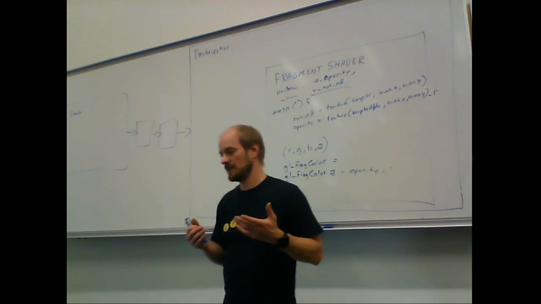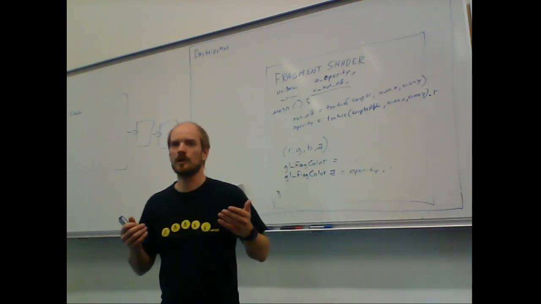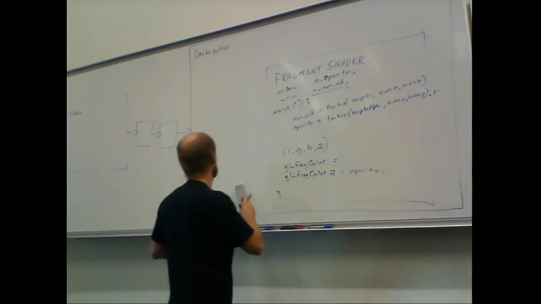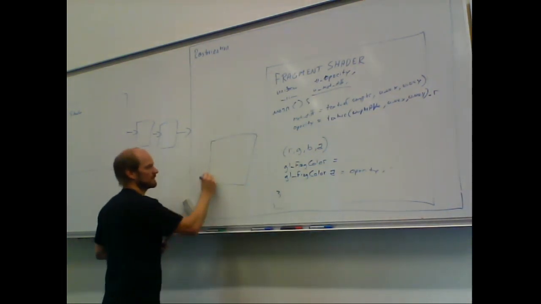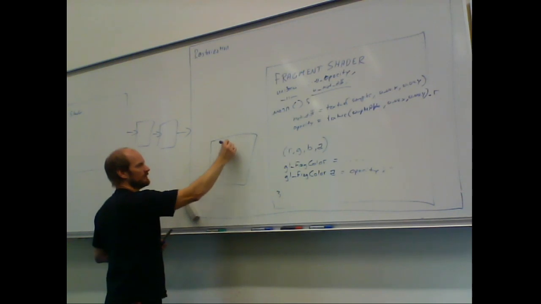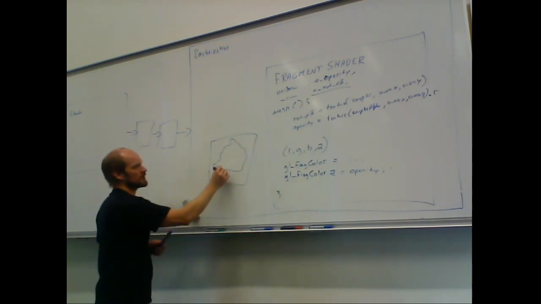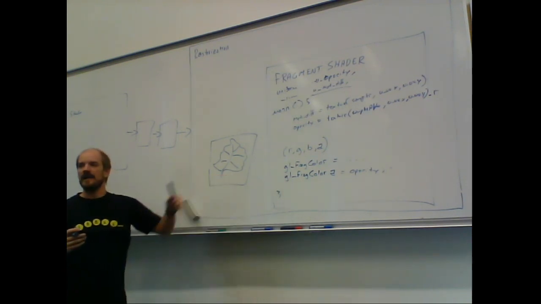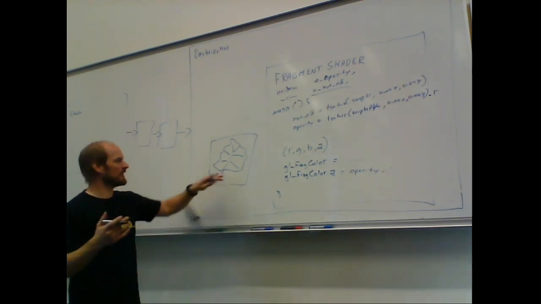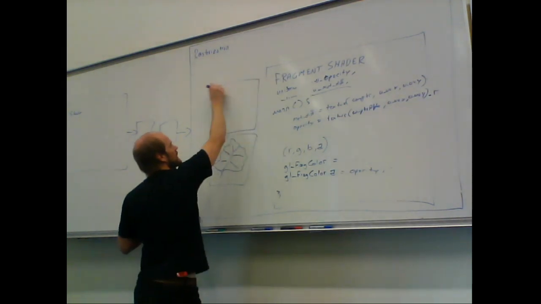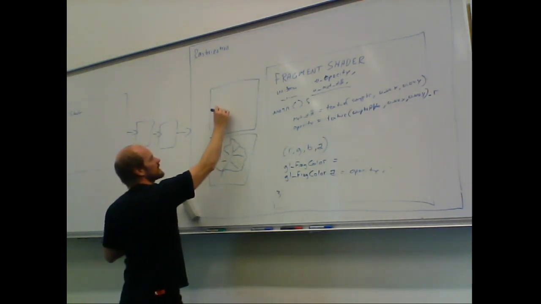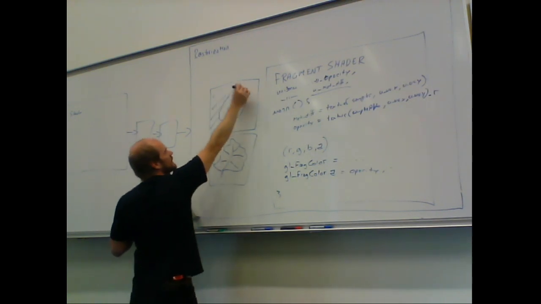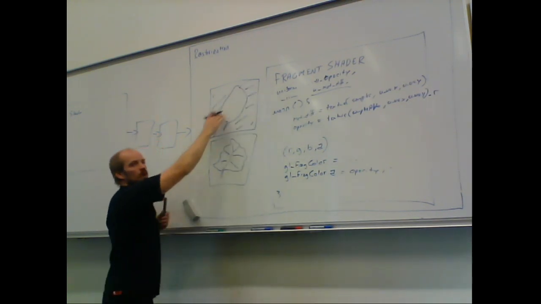You can find, for instance, if you search for leaf textures, you can find leaf textures where you have an image of a leaf with colors and stuff. And then you can find the alpha texture for that same thing, where you have the exact same image, except it's only the outline, and it's completely black outside, and it's completely white here.